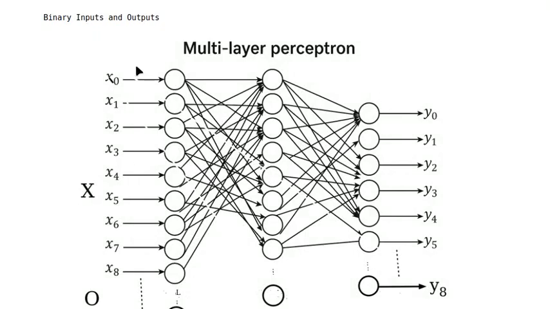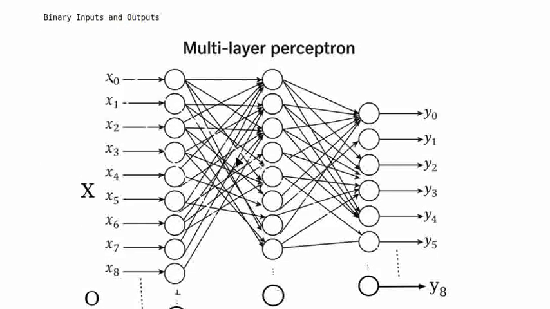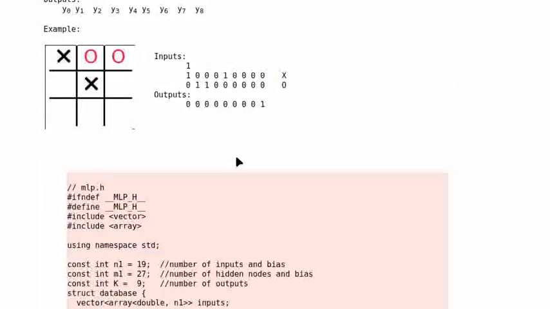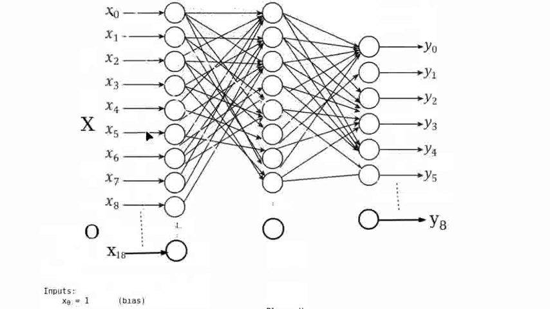To implement this MLP, we can essentially use the same code mentioned in this link. This is the header file of the MLP class. N1 is the number of inputs plus the bias, so it is equal to 19, from X0 to X18.